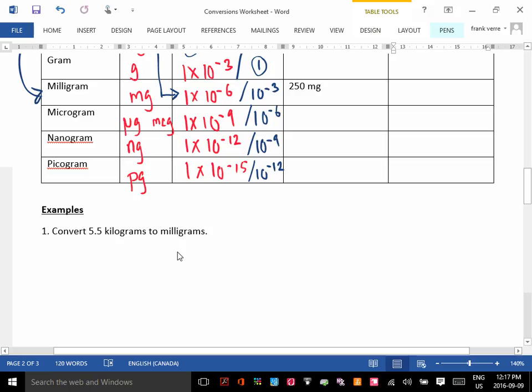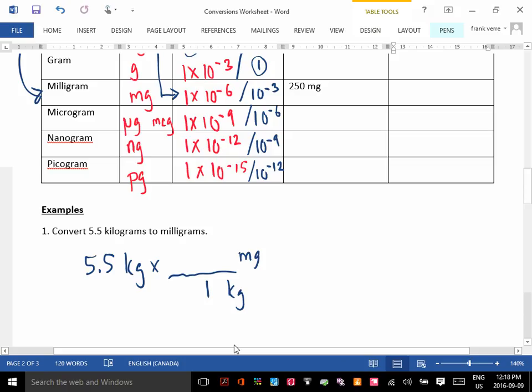So let's take a look at converting kilograms to milligrams. So 5.5 kilograms. Okay, what unit do we want to get rid of, and what unit do we want left? Yep, we want to get rid of kg. So we want kilograms in the bottom, and we want milligrams on top. How many milligrams in 1 kilogram? How many times bigger is the kilogram relative to the milligram?